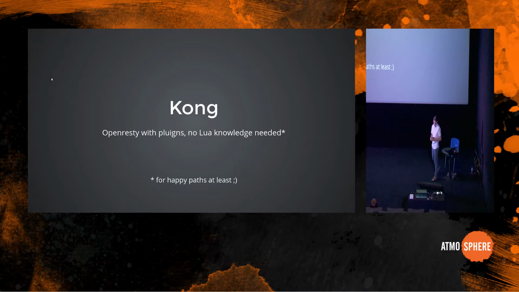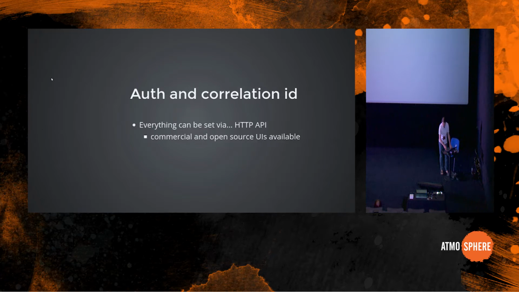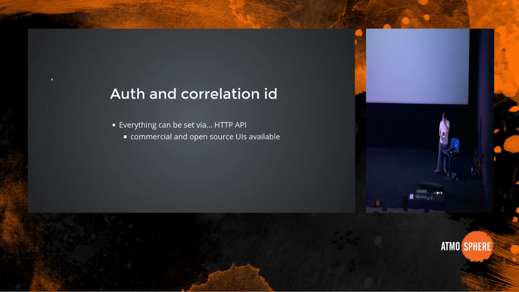And we have this Kong. Kong is just OpenResty with plugins, so you don't need to know Lua that much, or for happy paths you don't need to learn Lua. And it's easy. When you want to add some things, you just go to the Kong website. They have open source and commercial support, and you just use the plugin.